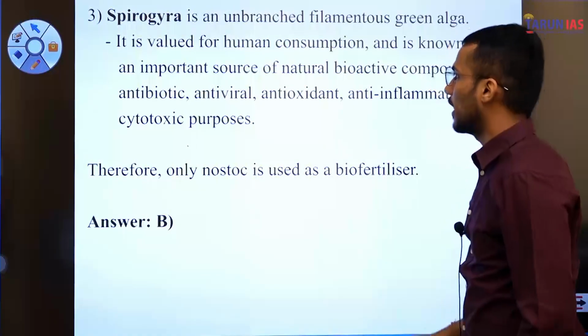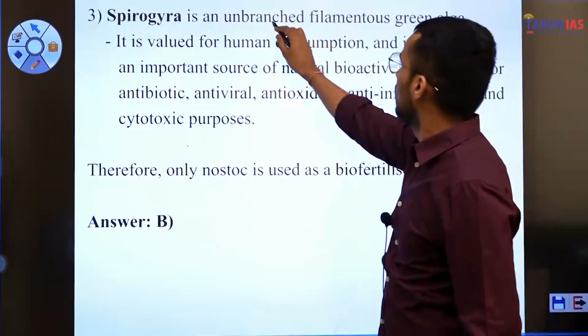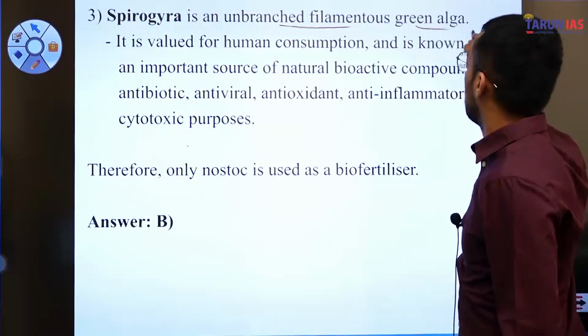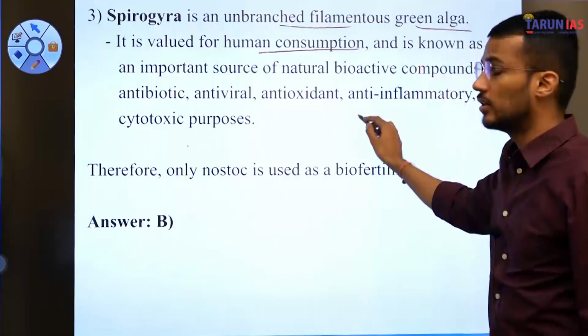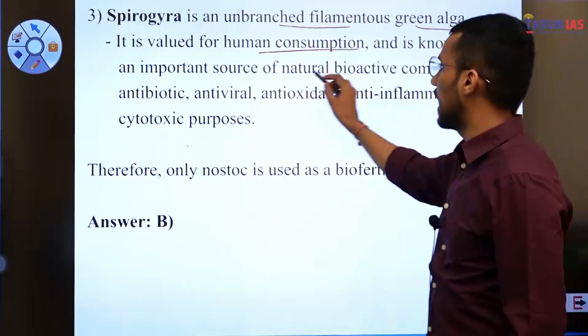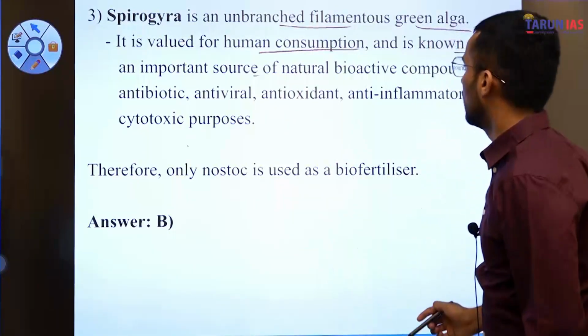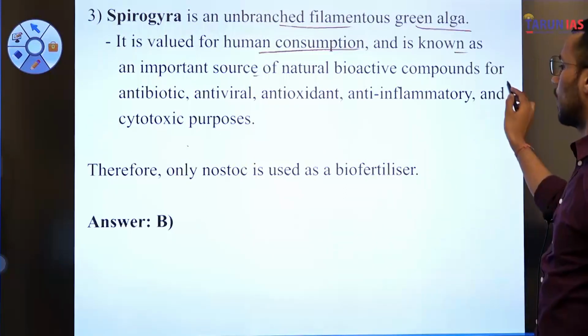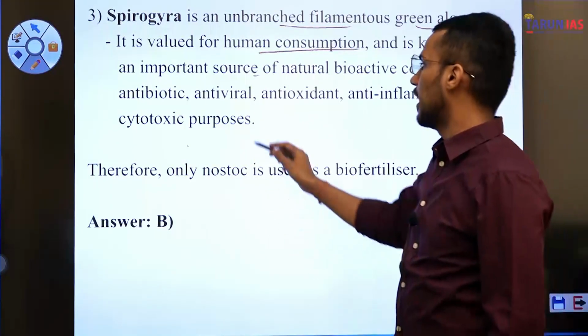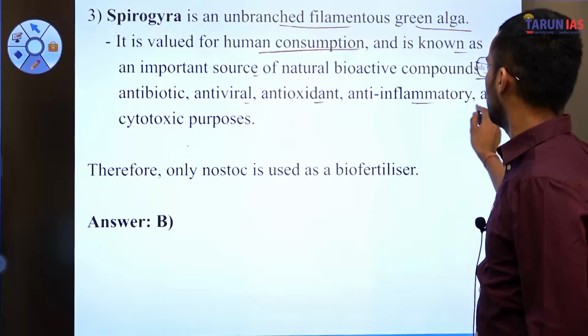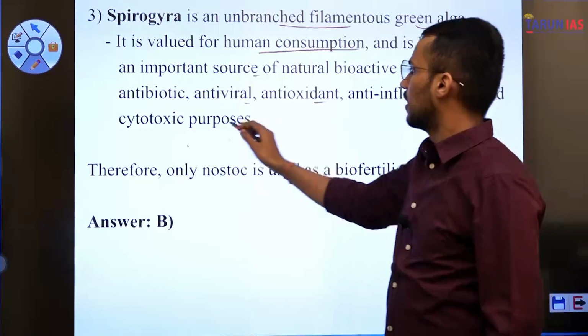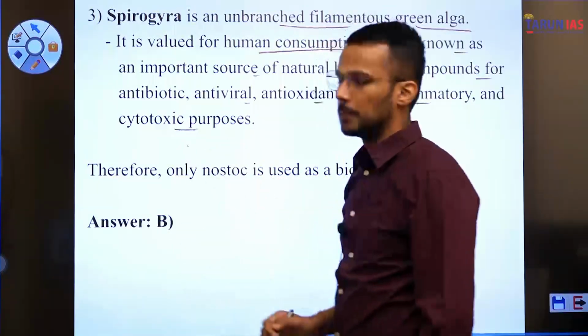Next, Spirogyra is an unbranched filamentous green alga. It is valued for human consumption and is known as an important source of natural bioactive compounds for antibiotic, antiviral, antioxidant, anti-inflammatory, and cytotoxic purposes.